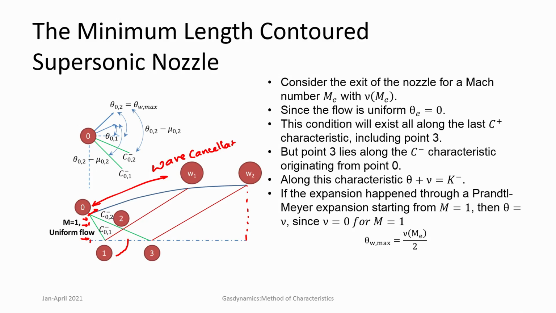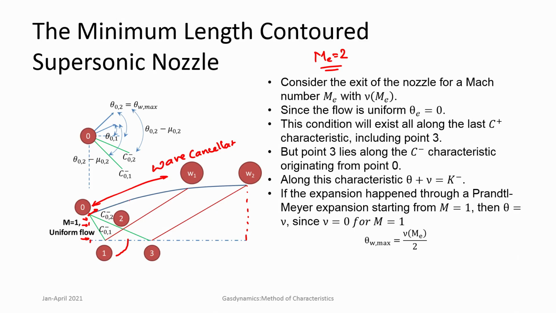If I want to design a Mach 2 nozzle, M exit equal to 2, then what is the correct angle of expansion that needs to be provided and how should the wall be contoured? Okay.